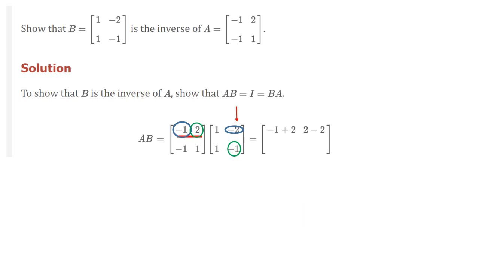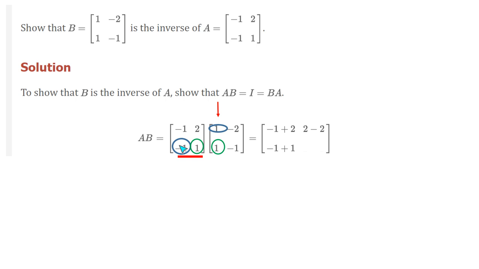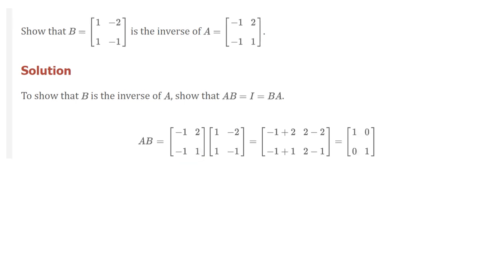Then we go to the next row. Negative 1 times 1 is negative 1, and 1 times 1 is 1. And then the next column, negative 1 times negative 2 is positive 2, and 1 times negative 1 is negative 1. If we simplify, negative 1 plus 2 is 1, 2 minus 2 is 0, negative 1 plus 1 is 0, and 2 minus 1 is 1.